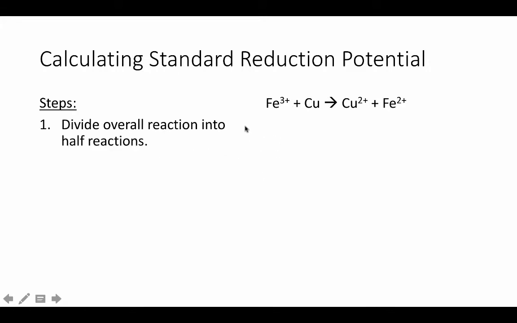The first thing you're going to do is divide the reaction into half reactions. So Fe3 plus goes to Fe2 plus. Since the atoms are already balanced, we just have to balance the charge. A positive 3 charge here, positive 2 charge here.